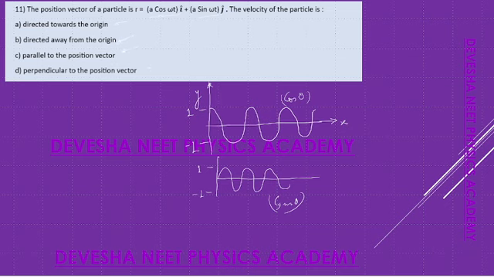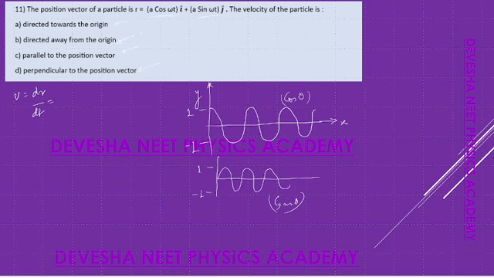So let's try this one, which is parallel to the position vector and perpendicular to the position vector. What is velocity? If this is the position vector, we know velocity is equal to dr by dt.